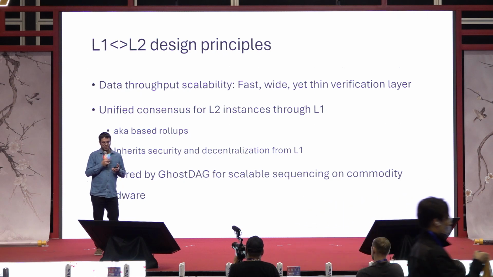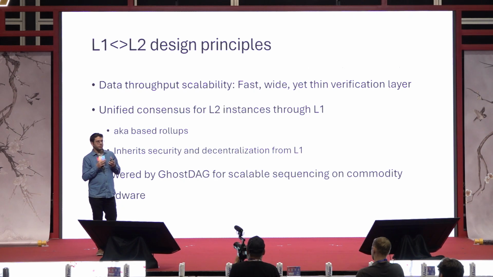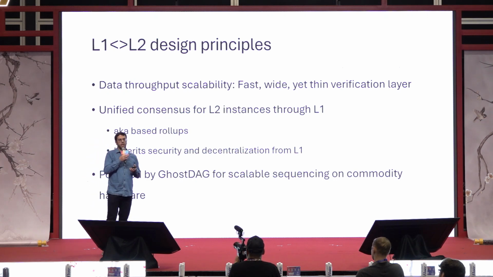I find that it might be not appreciated enough. When you just say based rollups, it doesn't capture the point. I think that the fact that you try to design a system where all L2s use the L1 sequencing actually means it's a unified consensus.